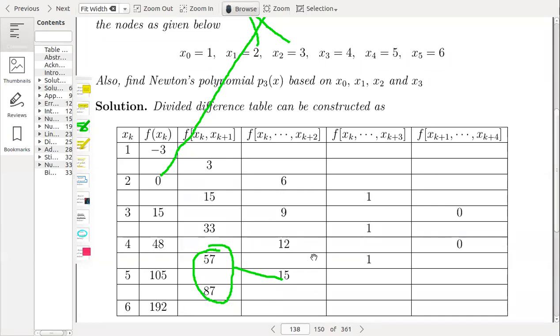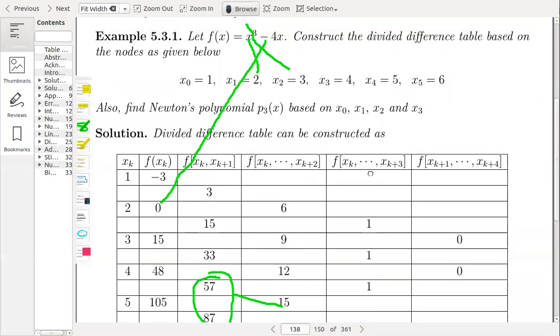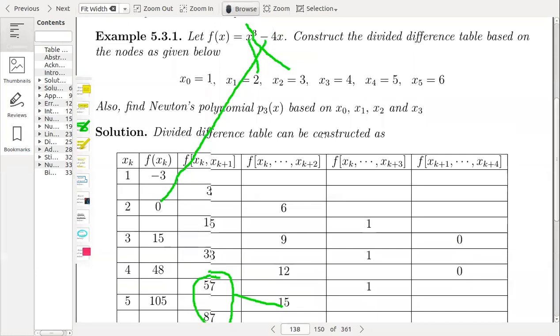And then we will move to the third divided difference. For the third divided difference, you need 4 points: x0, x1, x2, x3. What is the denominator? 4 minus 1 is 3. So the denominator will be 3, and we will divide by 3.